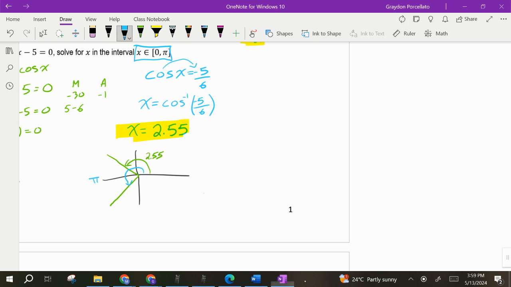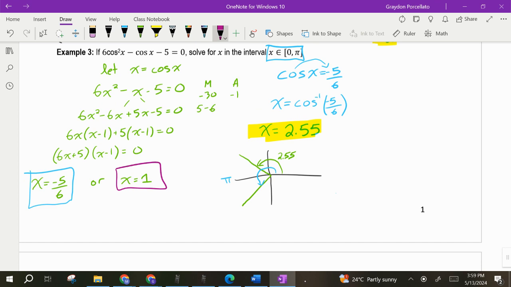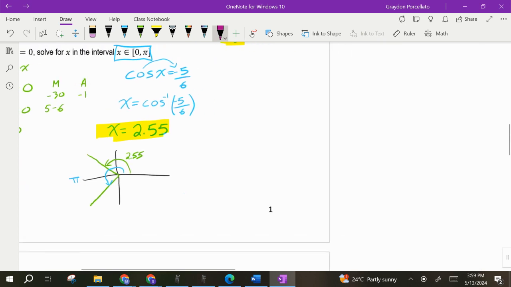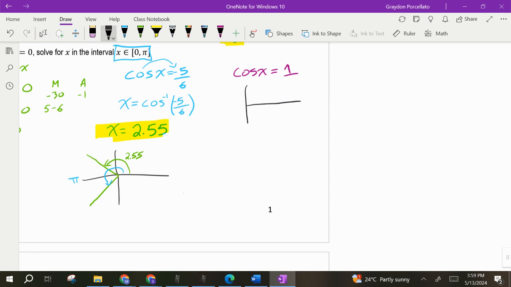Then we're going to solve my other one. I'm going to do that one in a different color here. I'll do that one in this color. So x equals 1. So my question is, when is cos x equal to 1? Well, if you know the cos graph, my cos graph looks like this.